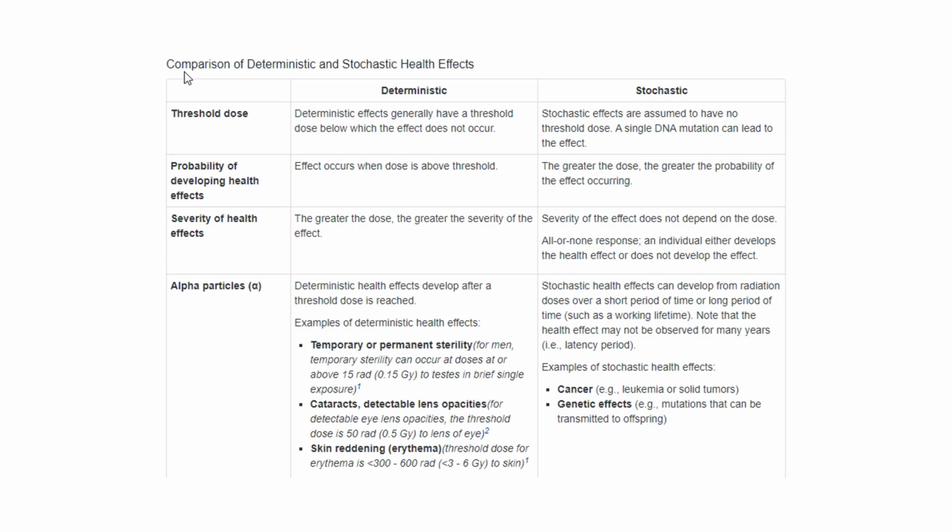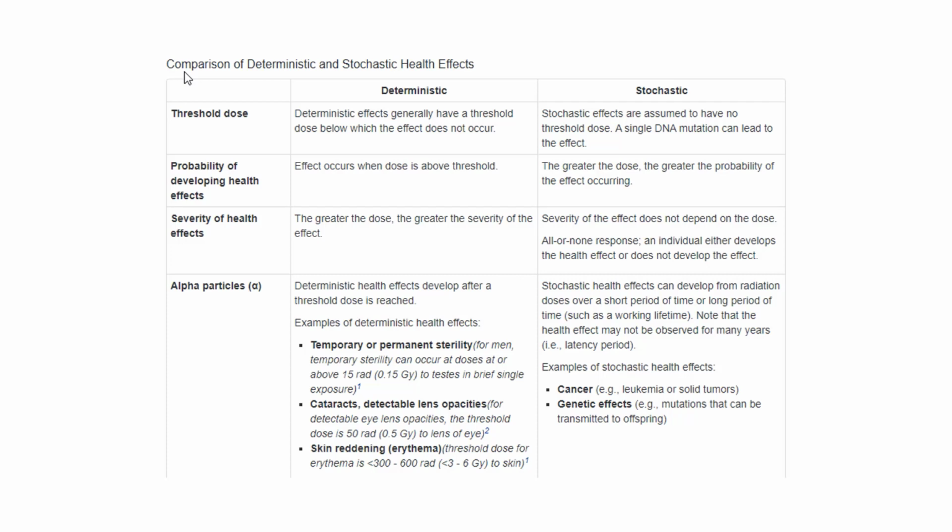Now, let's go to stochastic. Totally different. Stochastic effects are assumed to have no threshold dose. So when we talk about ionization of tissue, there is no threshold dose associated with stochastic effects.